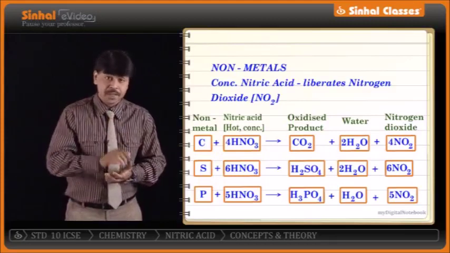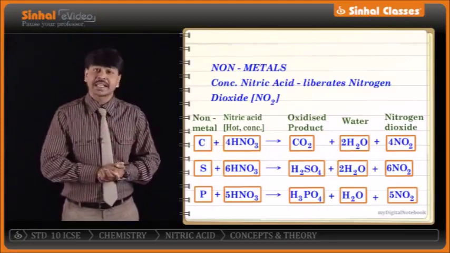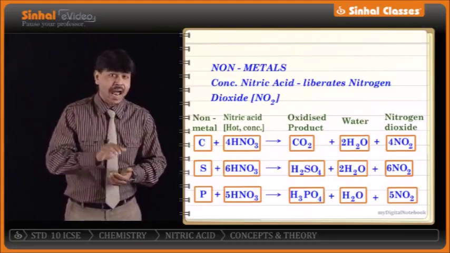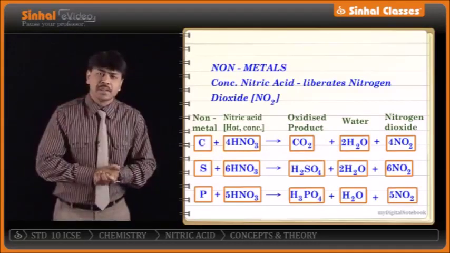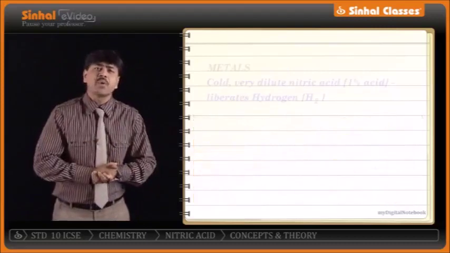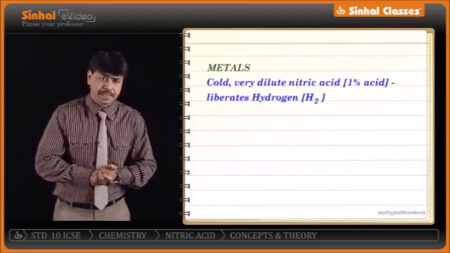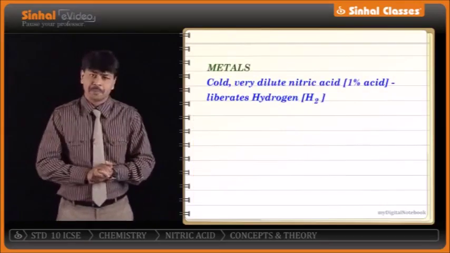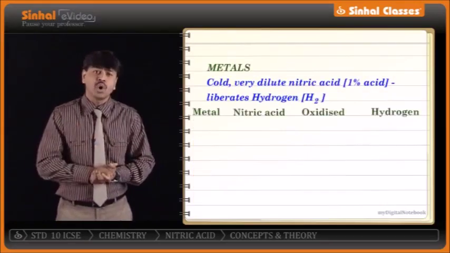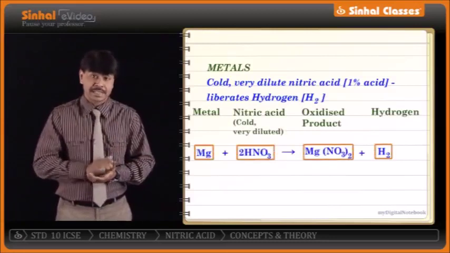In a similar manner, we can select dilute nitric acid and treat it with metals. Now let us consider an example where we take a very dilute nitric acid. To begin with, we take magnesium and treat it with cold, very dilute nitric acid.